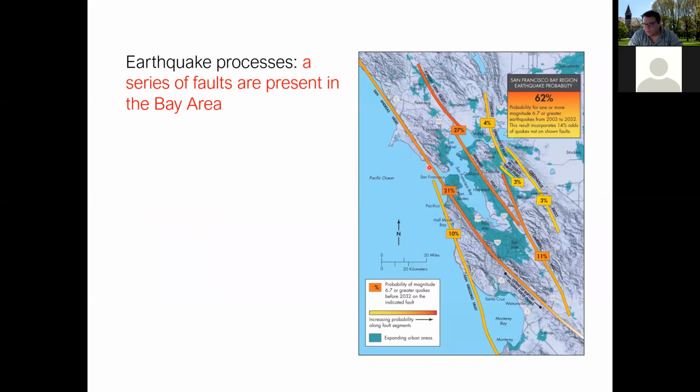This is a perspective putting all these things together, looking at the earthquakes in the Bay Area near San Francisco, and basically combining various types of sciences: looking at the history of earthquakes, the geodetic imaging of how the landforms are moving, and also the amount of stress that's built up.